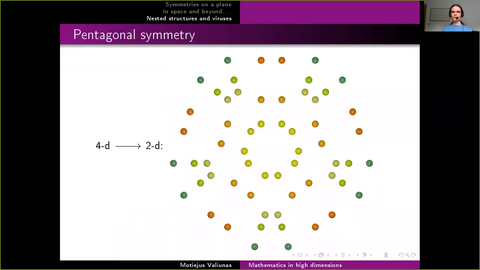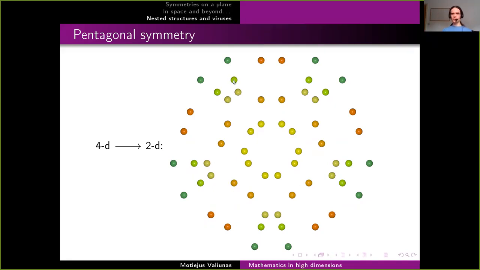So here's what we get in the case of pentagons. We take some symmetric arrangement in a 4-dimensional lattice. It contains a bunch of points, and then we project it down to 2 dimensions. When we do this, we can see some sort of nested structure.